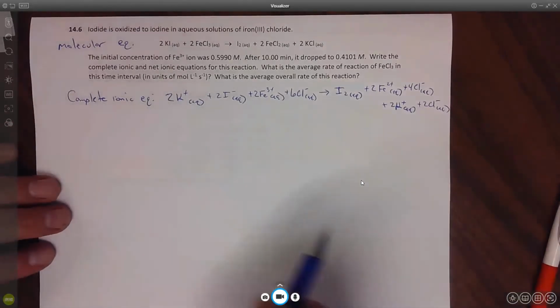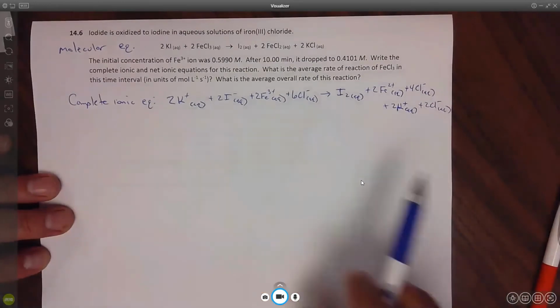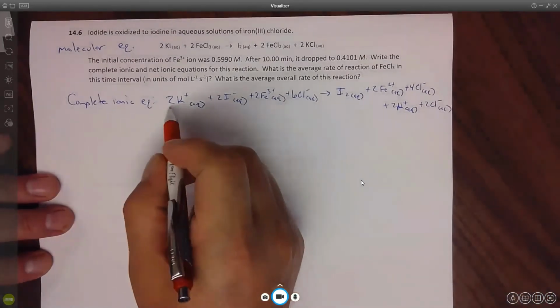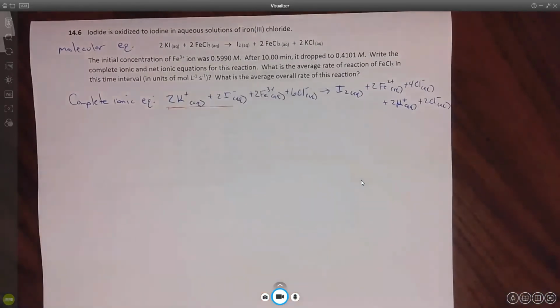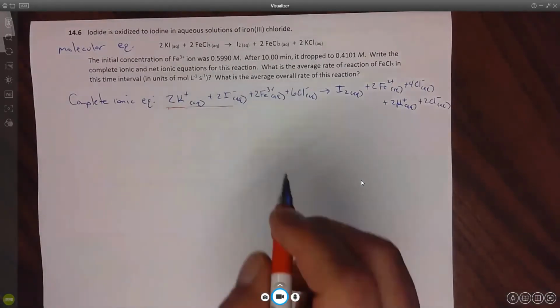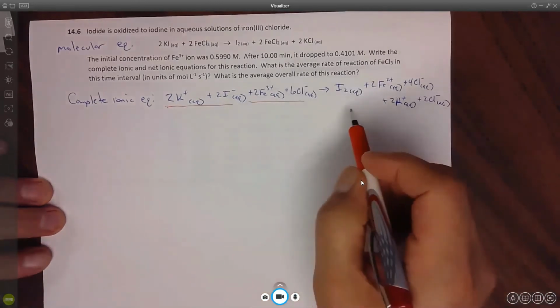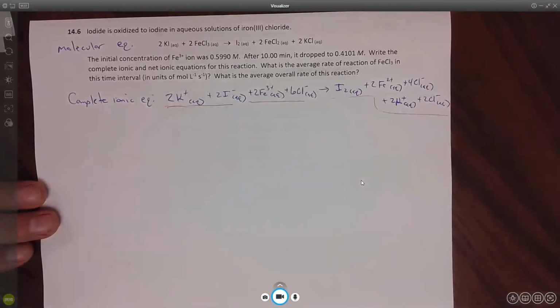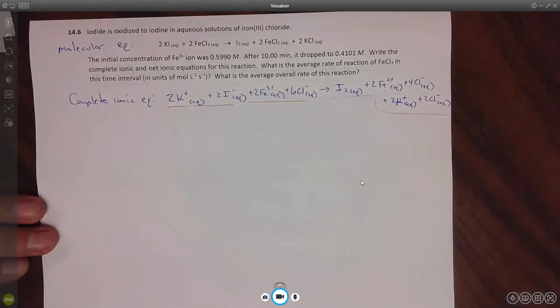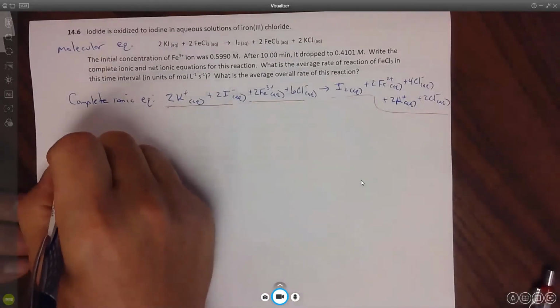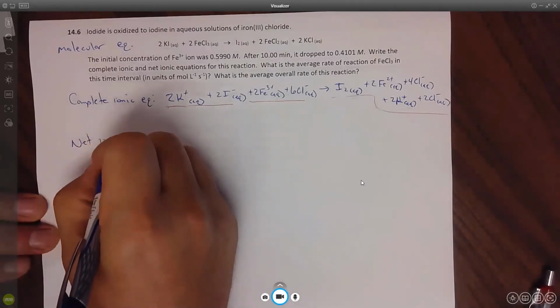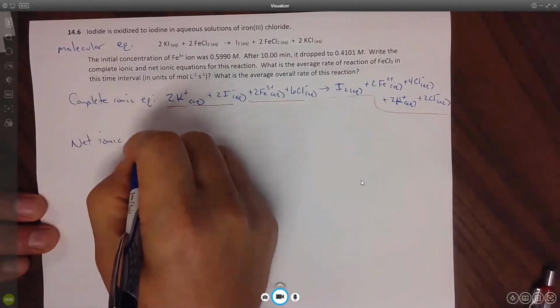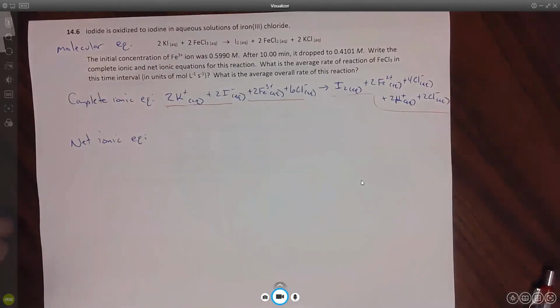Now this is what it really looks like. We had this first beaker, and then we had this beaker here. And when we mixed them together, we had that. And that's what's literally in the beakers. So for the net ionic equation, we're going to cancel out anything that didn't change going from reactants to products.